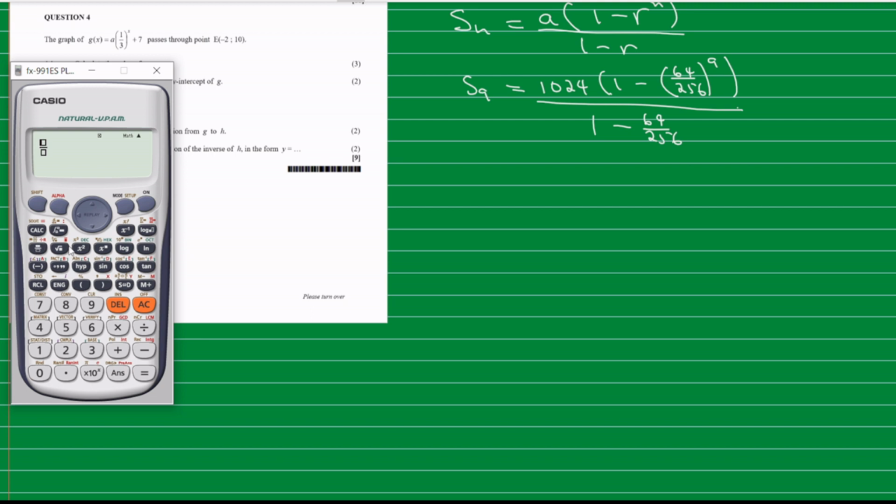Put in your fraction there, because we are going to enter numbers on top in the numerator. 1024, open bracket, 1 minus 64 over 256, that is raised to the power 9.